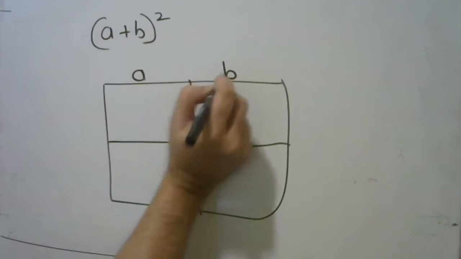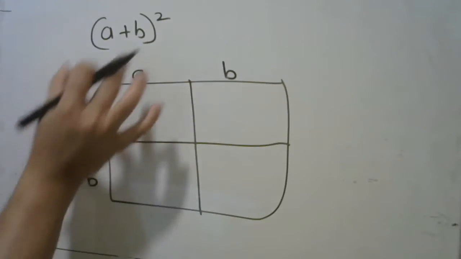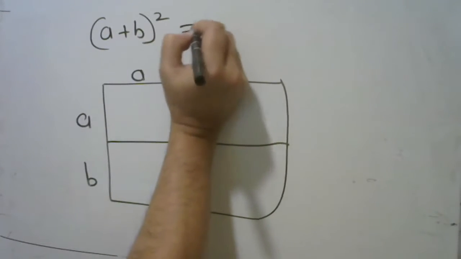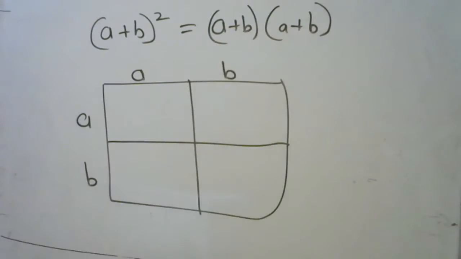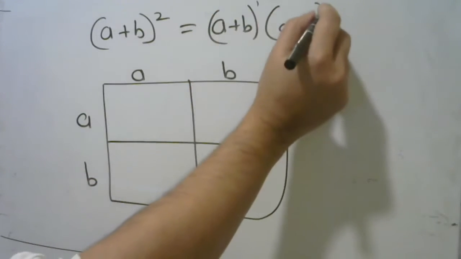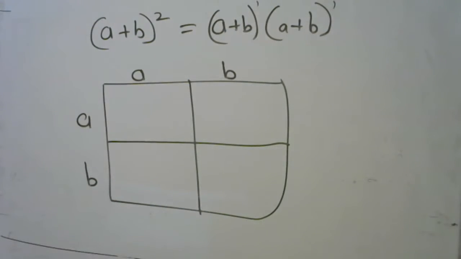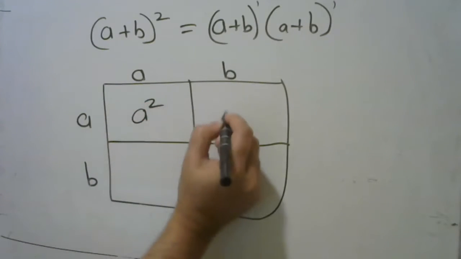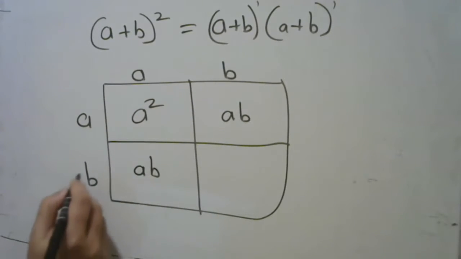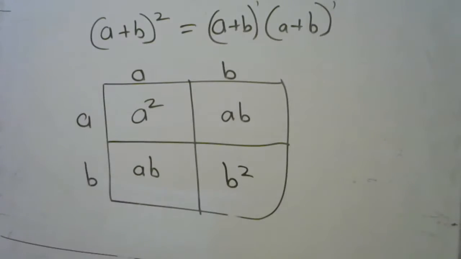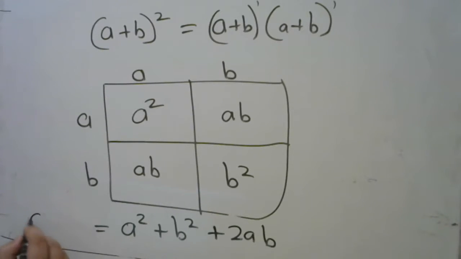A, B, A, B. Because this here is the same as A plus B times A plus B. This is like A plus B to the 1 times A plus B to the 1. So A by A is A squared, A by B is AB, B by A is BA, but it's the same as AB, B by B is B squared, and you add everything up here, and you get A squared plus B squared plus 2AB. So this is the same as A plus B all squared.